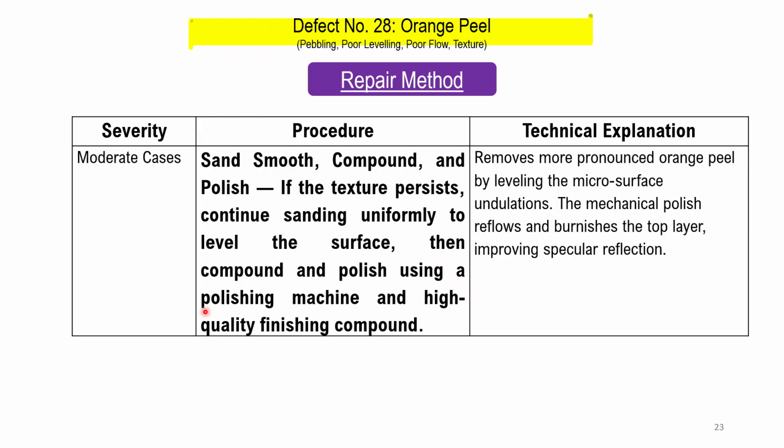This can be explained as removing more pronounced orange peel by leveling the micro surface undulations. The mechanical finish reflows and burnishes the top layer, improving specular reflection.